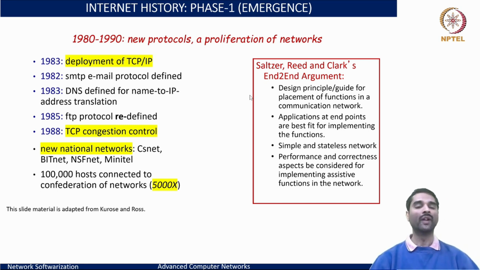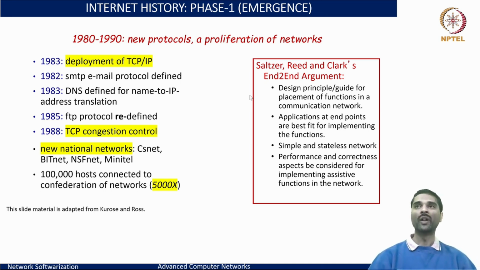And then again in 1983, the role of DNS, in terms of how you would identify the IP and associate an IP with a name, or what is called address translation, came into the picture. And then around 1985, the FTP protocol was redefined. In fact, FTP has a very interesting history.